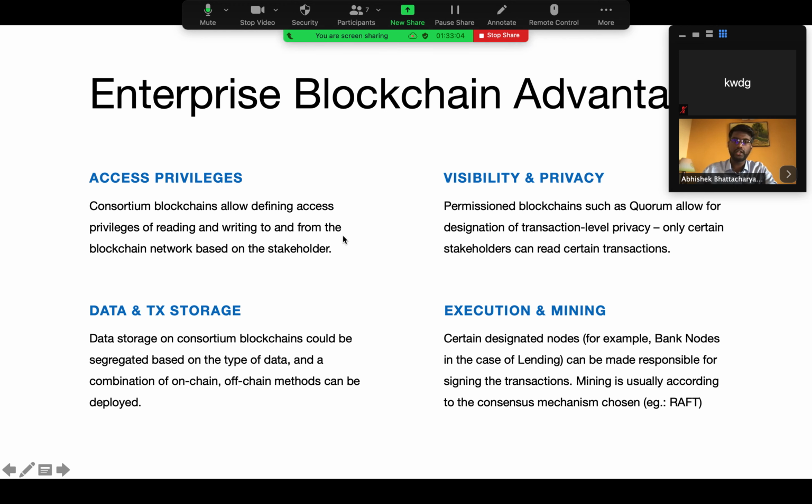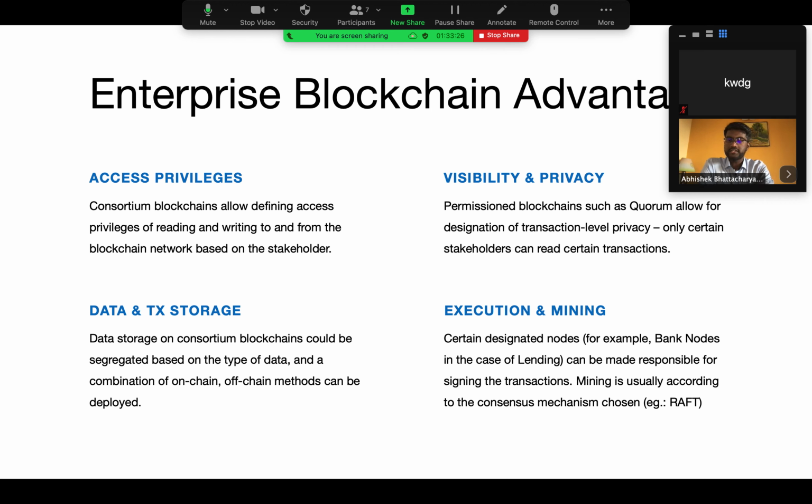We are delving further. We had 2 agendas to look more into public blockchains, which we've done. And for you, because enterprise blockchain is of the most advantage, we are going deeper into it. In fact, there are 2 more slides into enterprise blockchain. That is how important it is for you, and that is how I've designed this entire lecture.